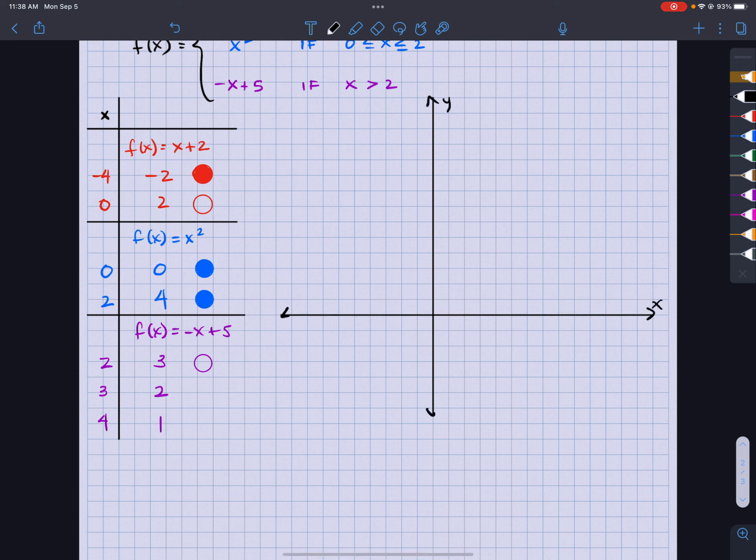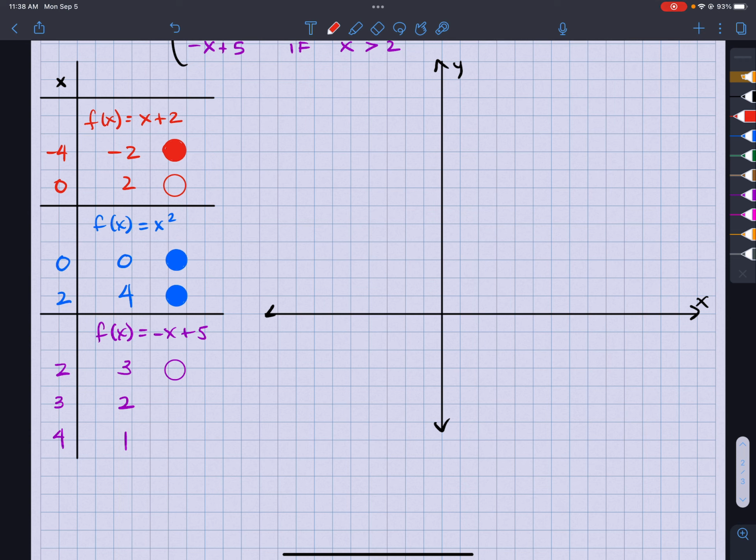All right, so let's take a look. For the red, x is -4, and it's going to be -2, so it's going to be right here, and it's going to be a closed circle. And it's going to 0, 2.